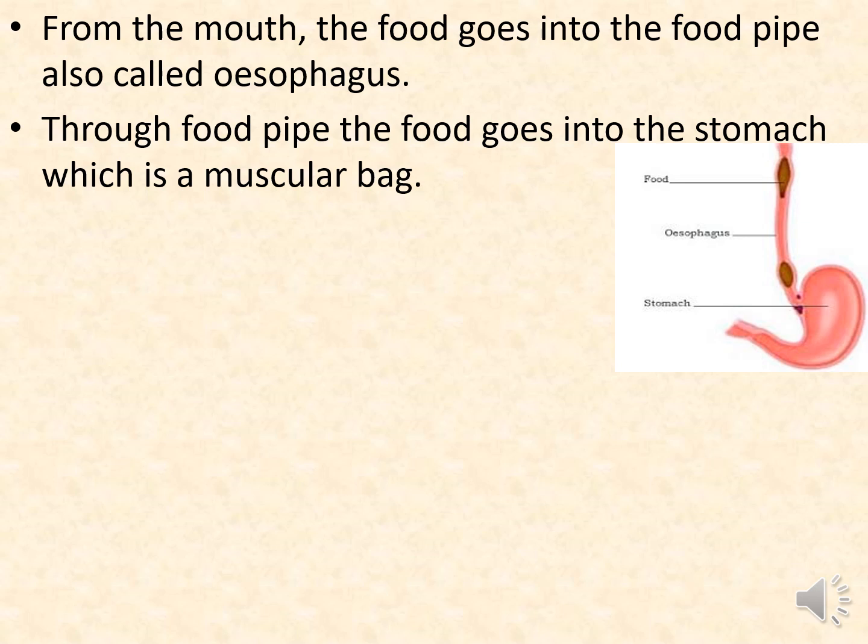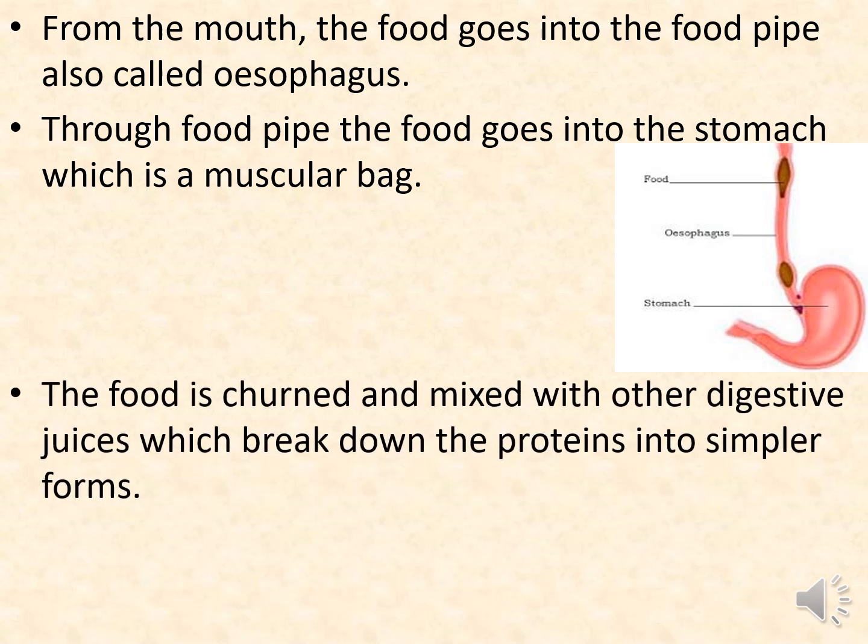Now what happens when the food reaches the stomach? The food is churned and mixed with other digestive juices, which break down the proteins into simpler forms. Now you have learnt about the different types of nutrients which are present in our food. The juices present in the stomach help the food to break into smaller parts, that is, they break the proteins into smaller forms.